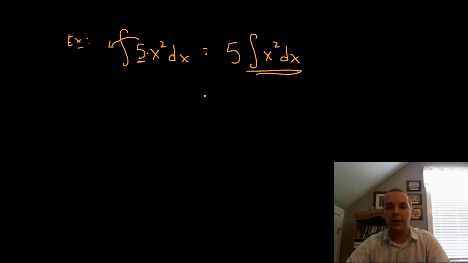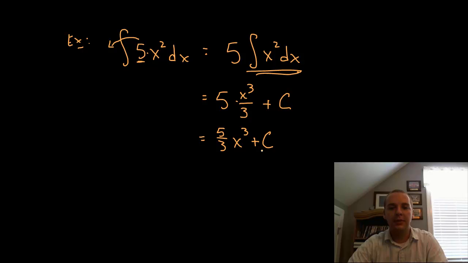I refer back to the power rule, and we have our answer. It would be x to the third over 3 plus c, of course. So what you can do in closing is combine the 5 over 3, pull all the constants to the front, 5/3 x cubed plus c. So we were able to use the power rule after we pulled the 5 out.